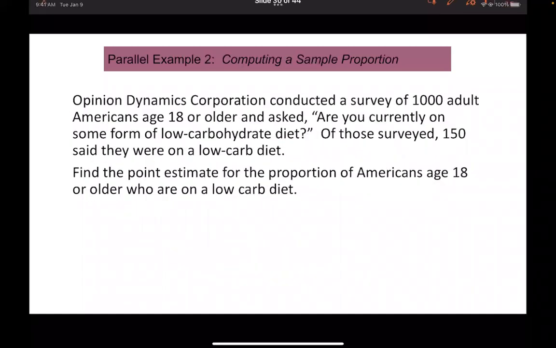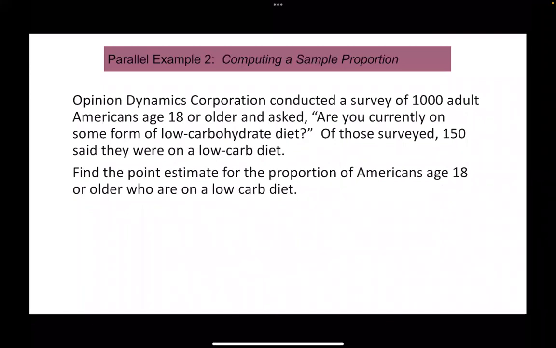So I would like you to find this point estimate here. So we asked 1,000 adults, 18 or older, are you currently on some form of low carbohydrate diet? Of those surveyed, 150 said they were on a low carb diet. So go ahead and find that p hat.